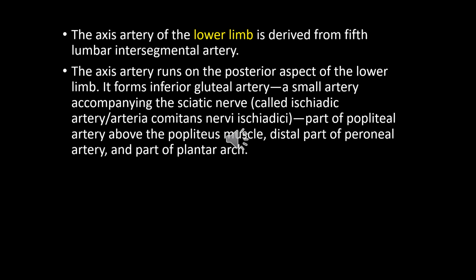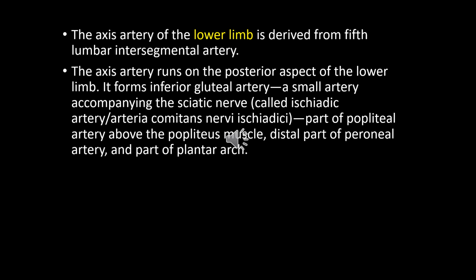If you have dissected the structures under cover of gluteus maximus, which is a wrong term anyway, these are anterior to the gluteus maximus really. This small artery also represents the axis artery. It indeed sinks into the substance of the sciatic nerve.